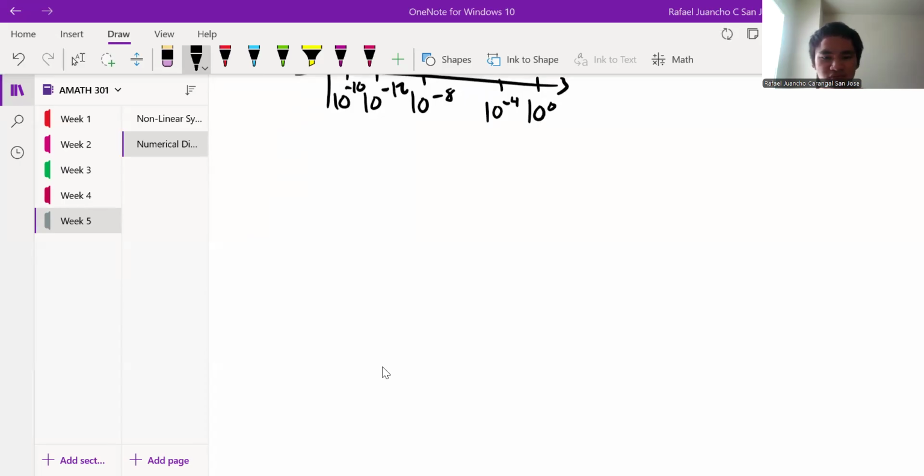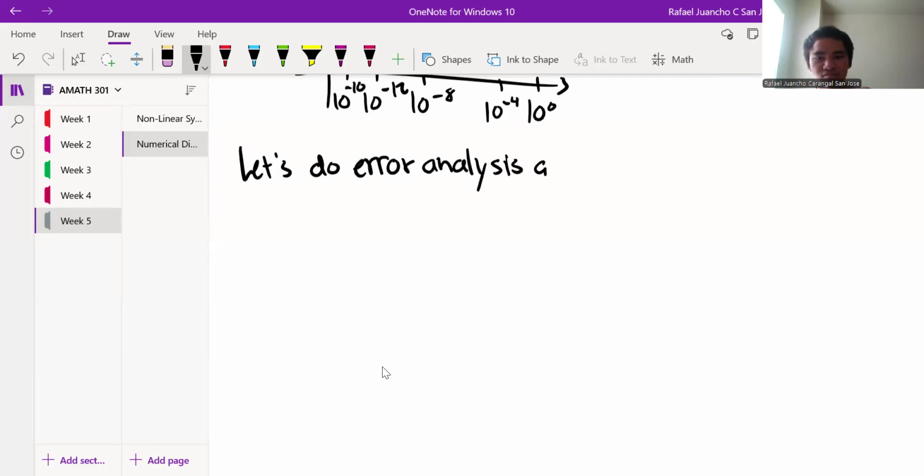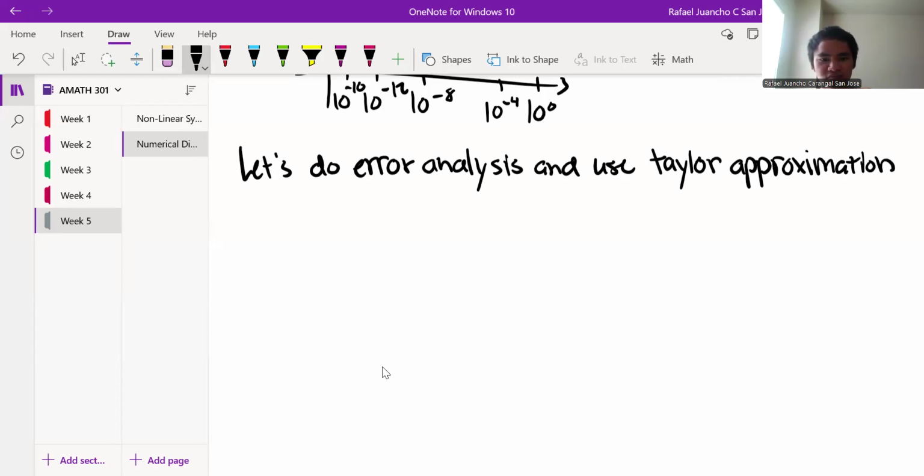So what does this tell us? Well, let's do an error analysis. We can use this idea of Taylor approximation, right? Let's analyze the error. Let's use Taylor approximation. Okay, this is something I'm gonna explore literally right now because this is the first time I've seen this. So what are we gonna do actually?